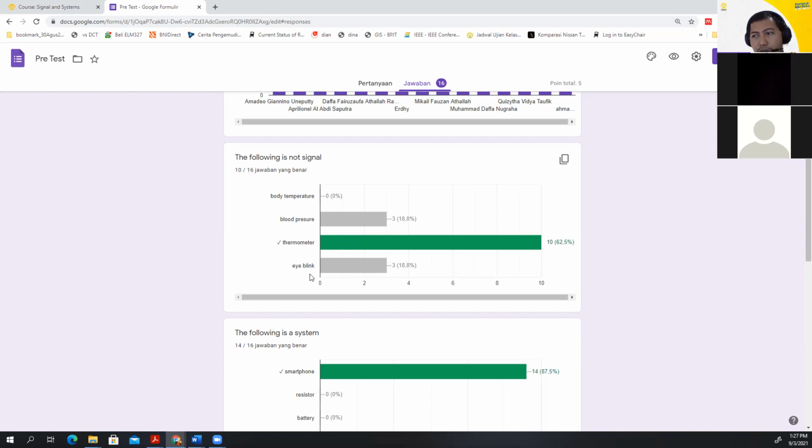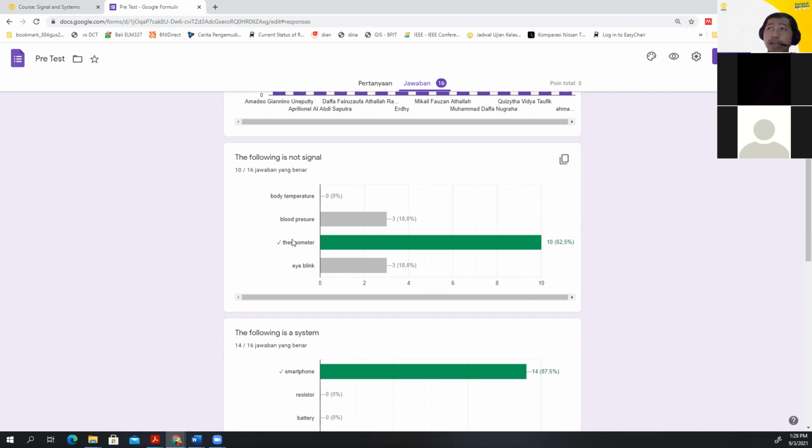But if our blink is more frequent than normal, it means that maybe we are a bit sleepy, a bit tired, something like that. So this signal tells us some information.